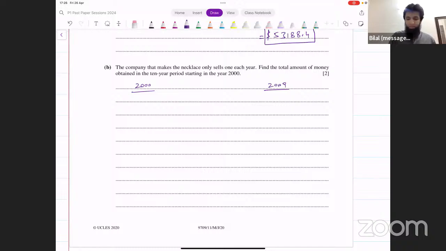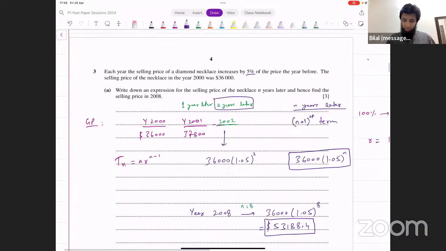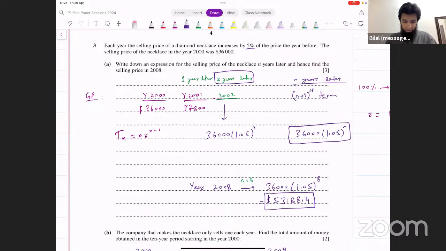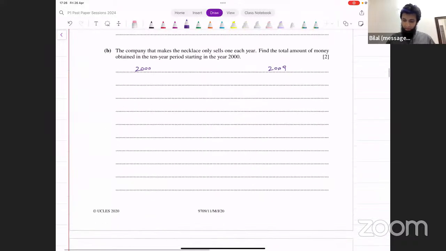Okay, I'm sorry, no, that's not correct. What was happening when it was starting? The selling price in 2000 was 36,000. They're selling something in 2000 as well.